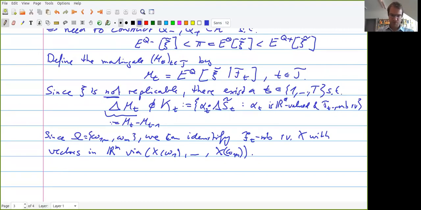So what we realize here is that the set K_t, the one we defined here, which are the discounted gains we can make in the t-th trading period, is again a non-empty, convex, and closed set.